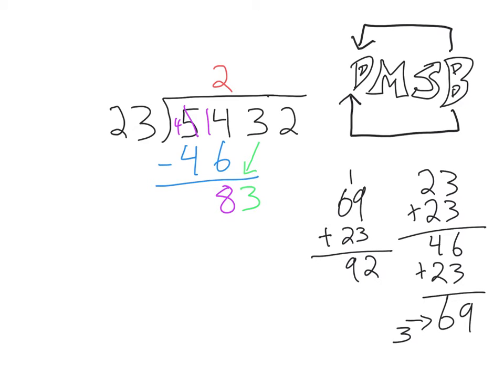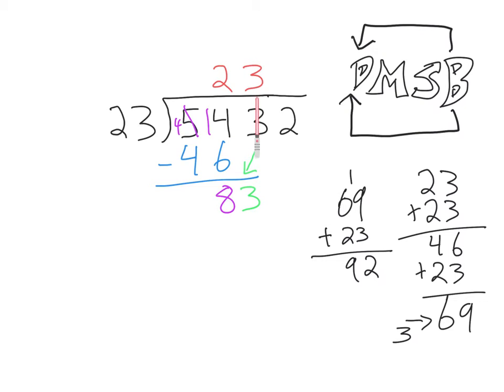Ooh, is 4 groups too many? I see Hunter N nodding his head. Yes, yep. 4 groups is too many. That means it's 3. 83 divided by 23 is 3.